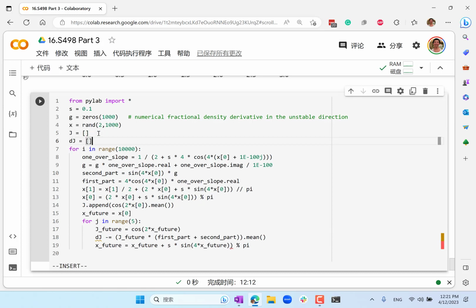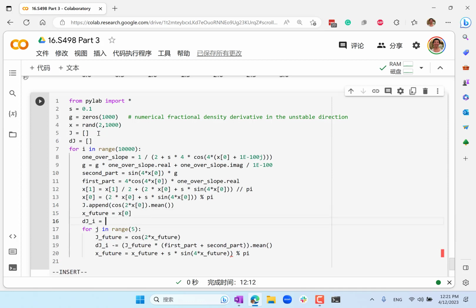So say dj, let's also make it an array, and this is dji. Let's make it dji is equal to 0 for now, and afterwards we'll dj dot append dji. So this is going to be the entire loop.